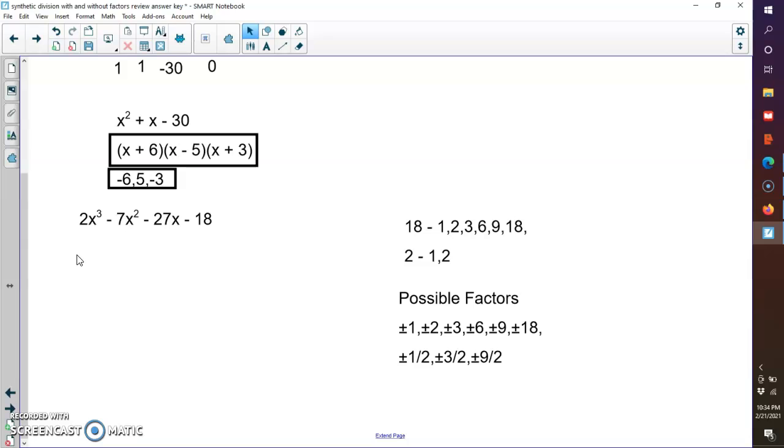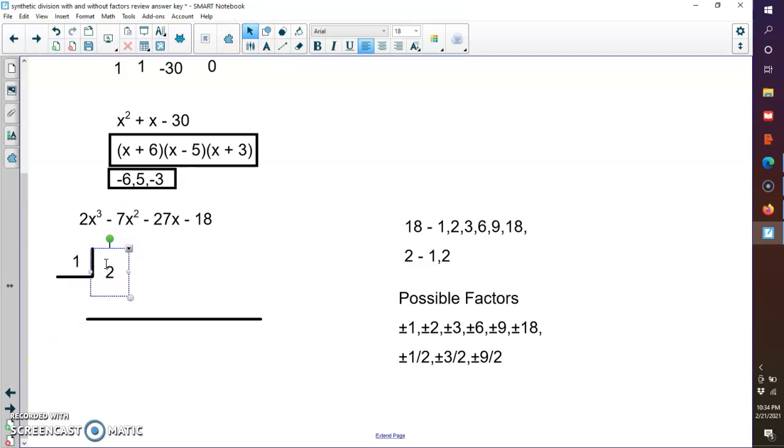All right. So let's start with 1 in our box. And we're going to try that one first. Put that in the box. Put this down here. Now we're going to do coefficients of 2, negative 7, negative 27, and negative 18. And let's see how that works out for us.